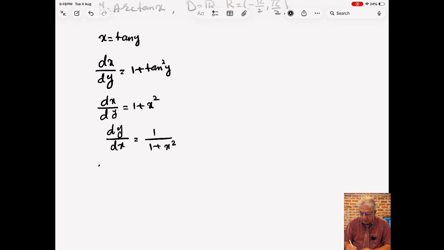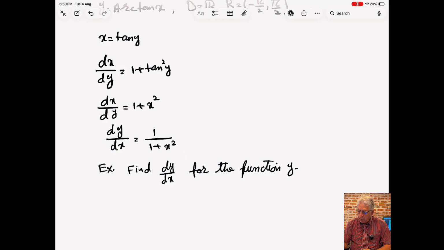Now, to give an example, find dy by dx for the function y equal to arc tan of x squared.